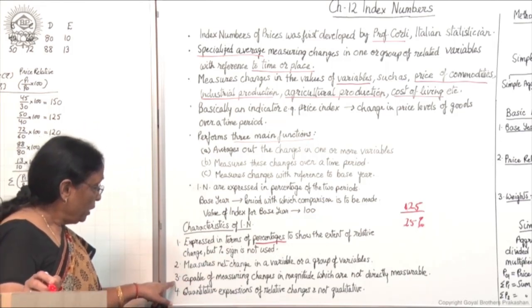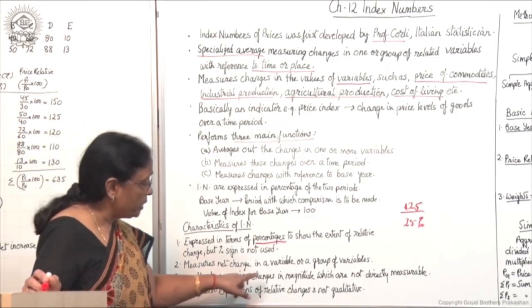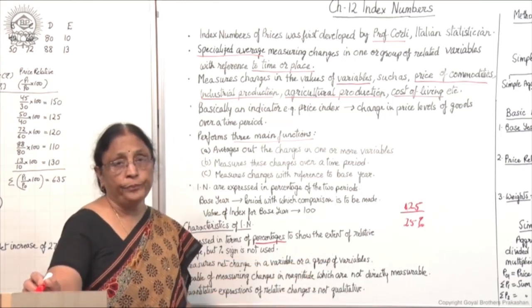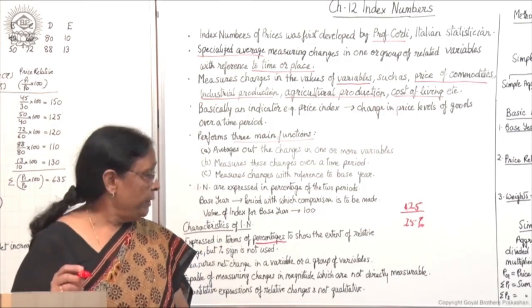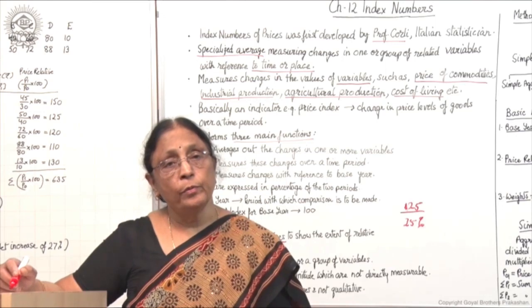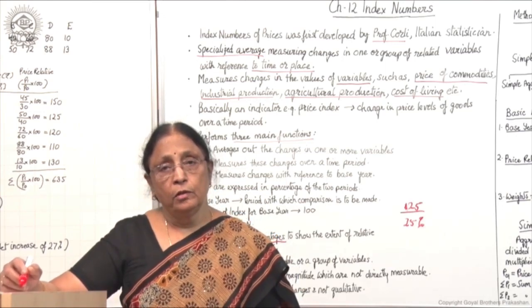Third, capable of measuring changes in magnitude which are not directly measurable. What does it mean? That means some magnitudes are not capable of measurement directly, right?